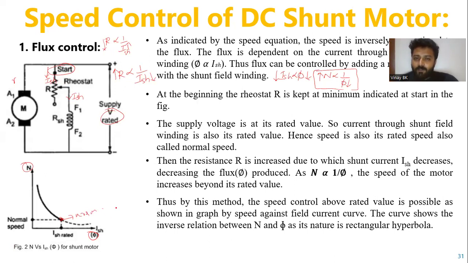Later, you increase the value of resistance so that the value of current decreases, therefore speed increases, whereas speed is inversely proportional to flux. Flux is directly proportional to Ish. If you decrease Ish, flux decreases, speed increases. Why is Ish decreasing? Because you are increasing the value of Rsh, that is the additional resistor, the variable resistor. Okay, this is what flux control is.